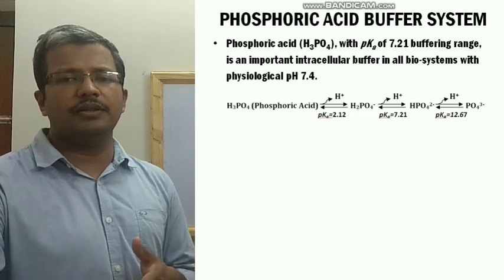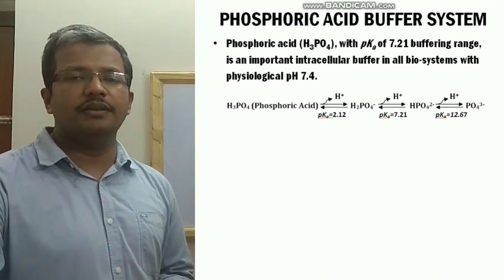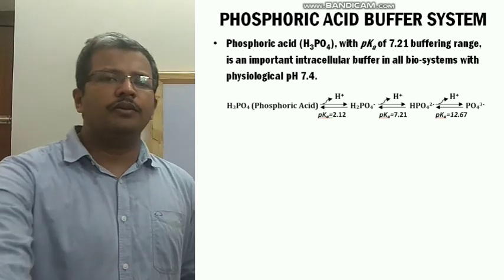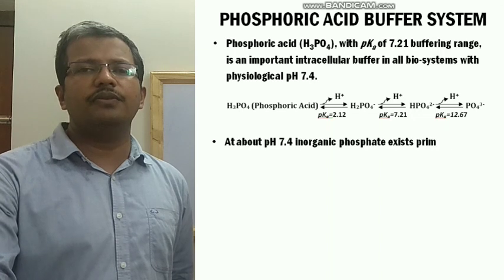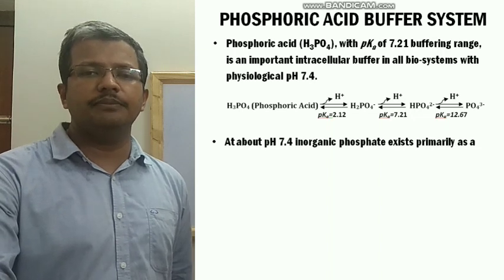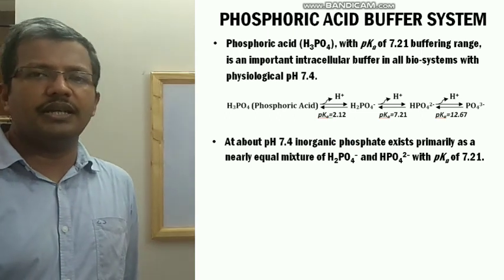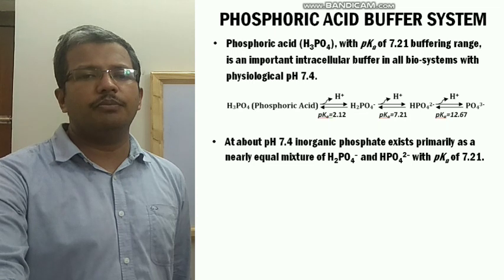Then it releases one more H plus to form PO4 3 minus with a pKa of 12.67. So at about pH 7.4, inorganic phosphate exists primarily as a nearly equal mixture of H2PO4 minus and HPO4 2 minus, with a pKa of 7.21.